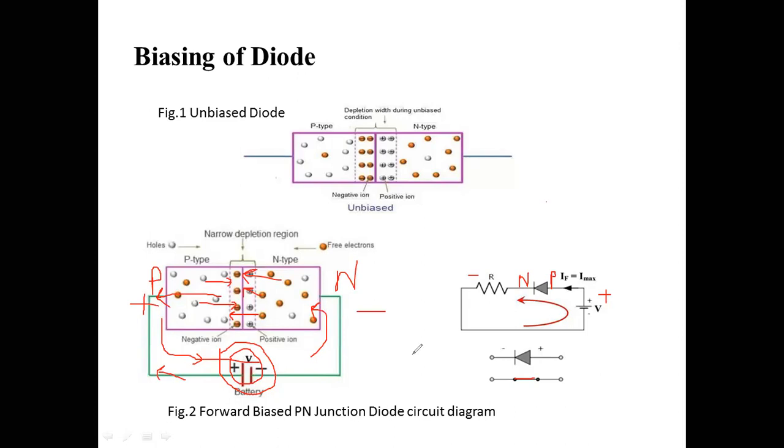So I can say that current is flowing in the external circuit from the positive terminal to the negative terminal, since electrons are moving from n to p to the positive terminal, exactly opposite to the current direction. Did you get the forward bias condition?